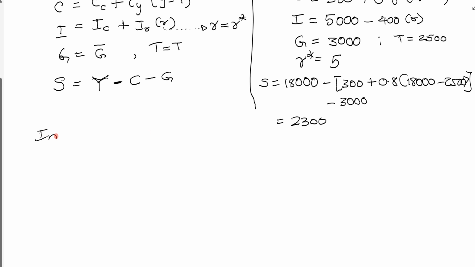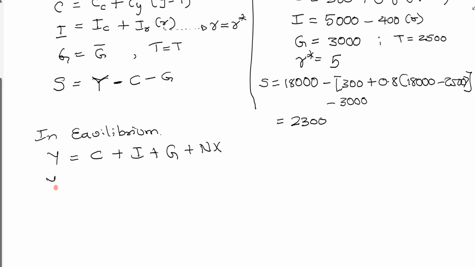Now in equilibrium, keep in mind we are now an open economy, so the total production or output is equal to C plus I plus G. If this was a closed economy, we would have stopped there, but now because we are trading with other countries, we have NX.